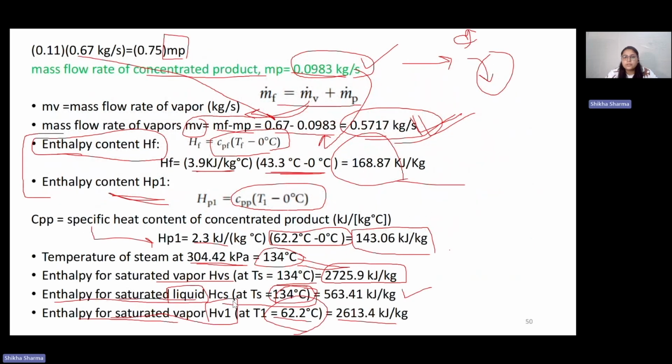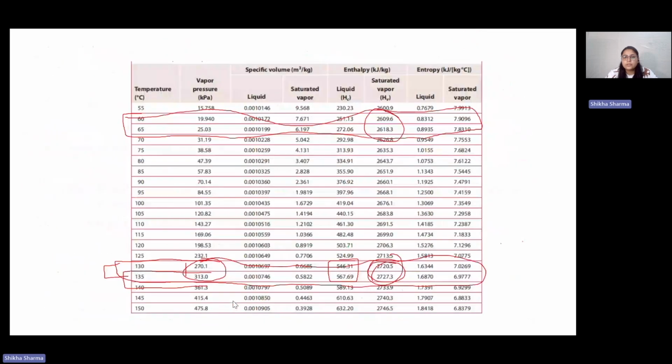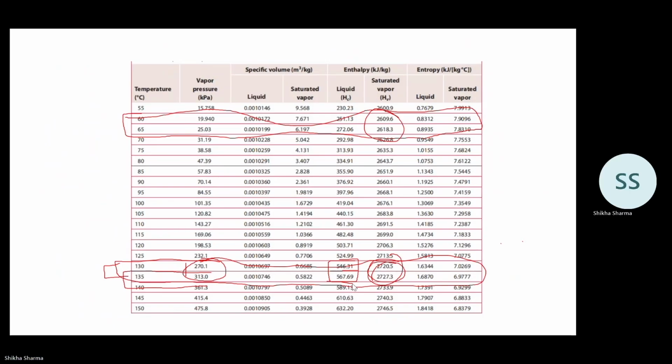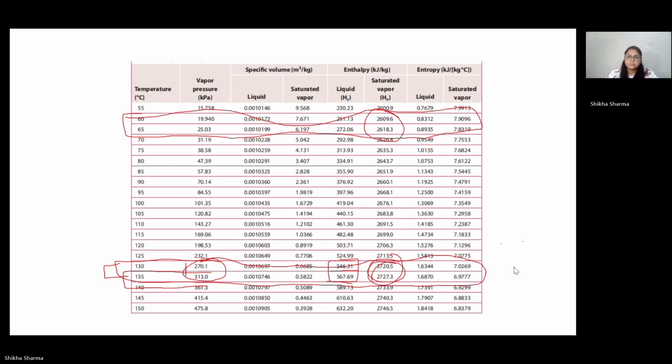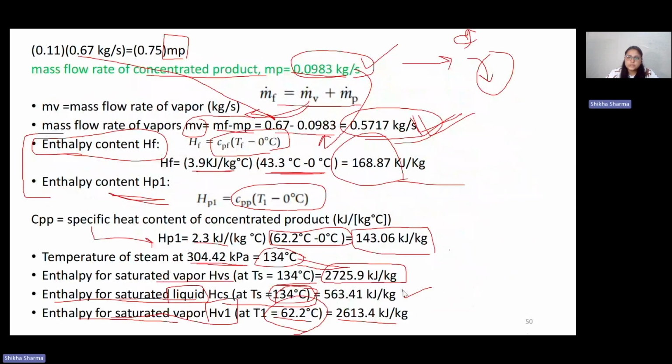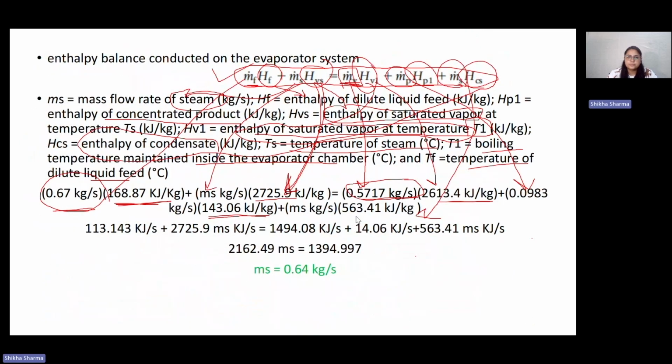It will be based on the table between 546 to 567. So it is around 563.41, which is this 563.41.